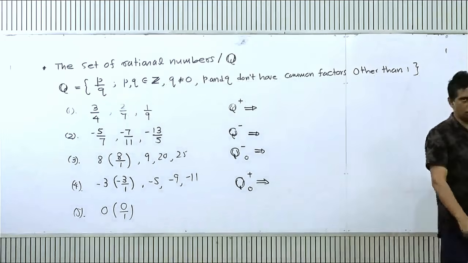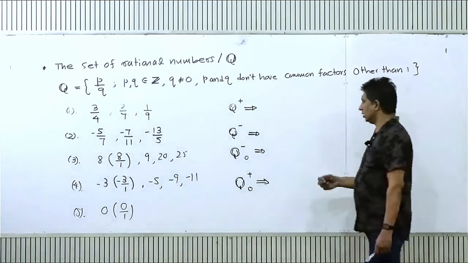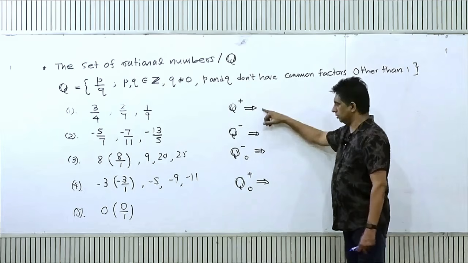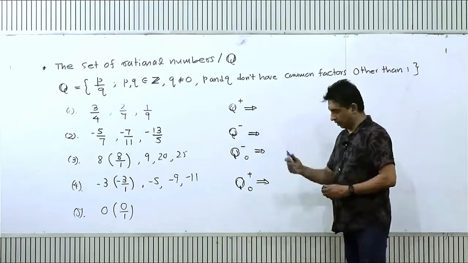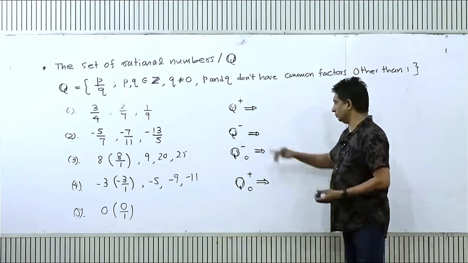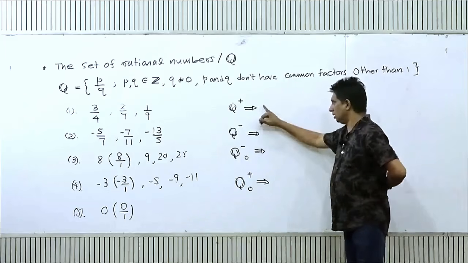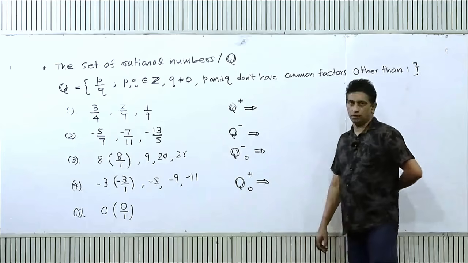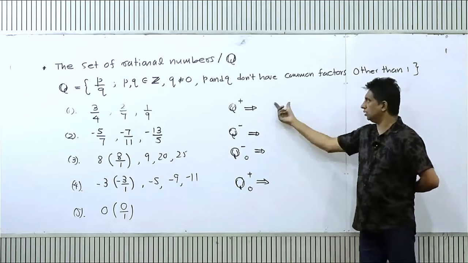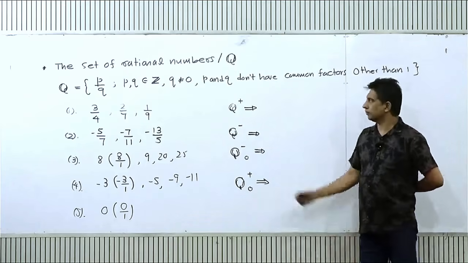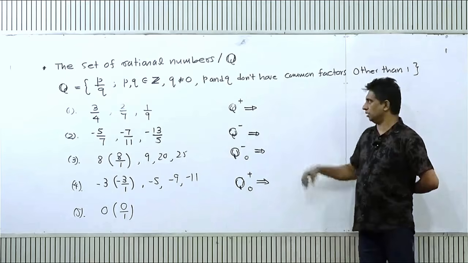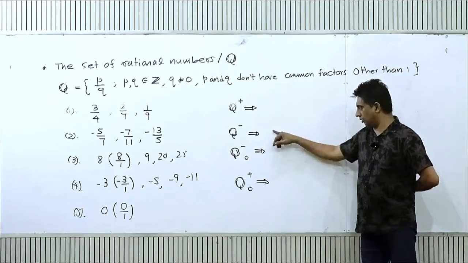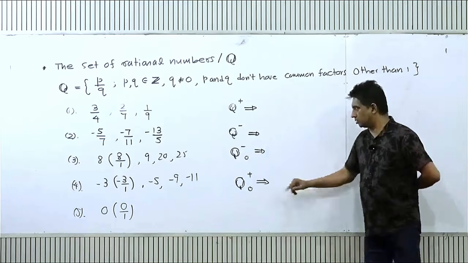Now I give you some work. You have to put a name here. What is this subset? Right? For help, for this one I can say what we can name this subset: the set of positive rational numbers. Right? Then in the same way you can name this one and this one and this one.